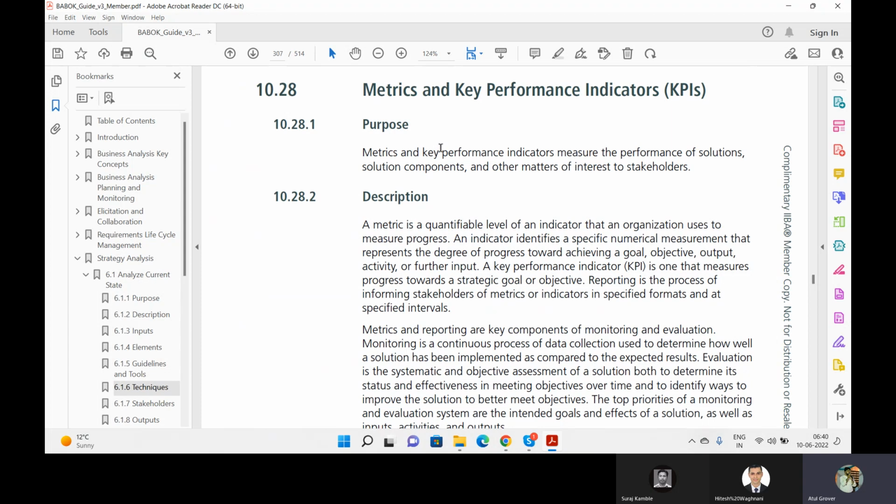Metrics and KPI indicators measure the performance of a solution component and matters of interest to the stakeholders. The solution which you build, if you want to measure that, you use the KPIs. उसका जो components हैं, that is also one of the things which we need to measure.